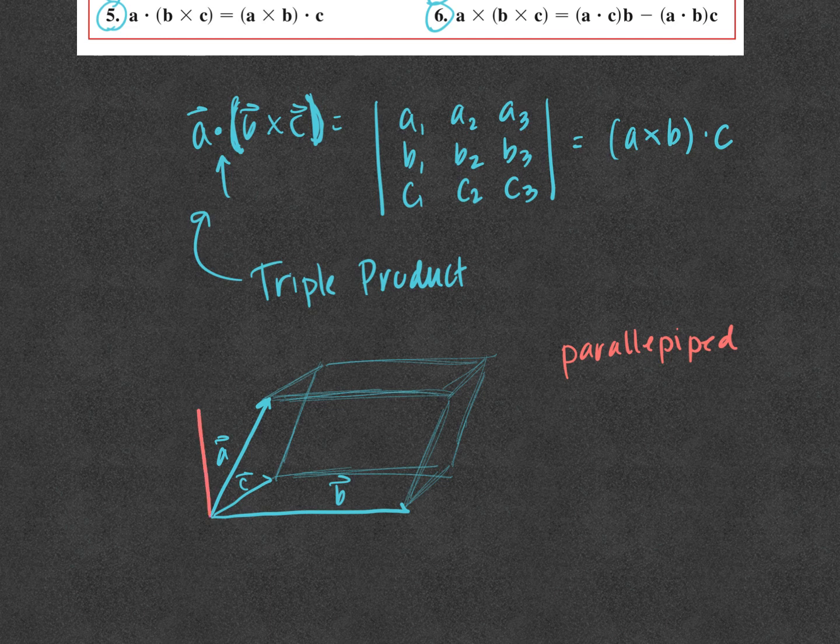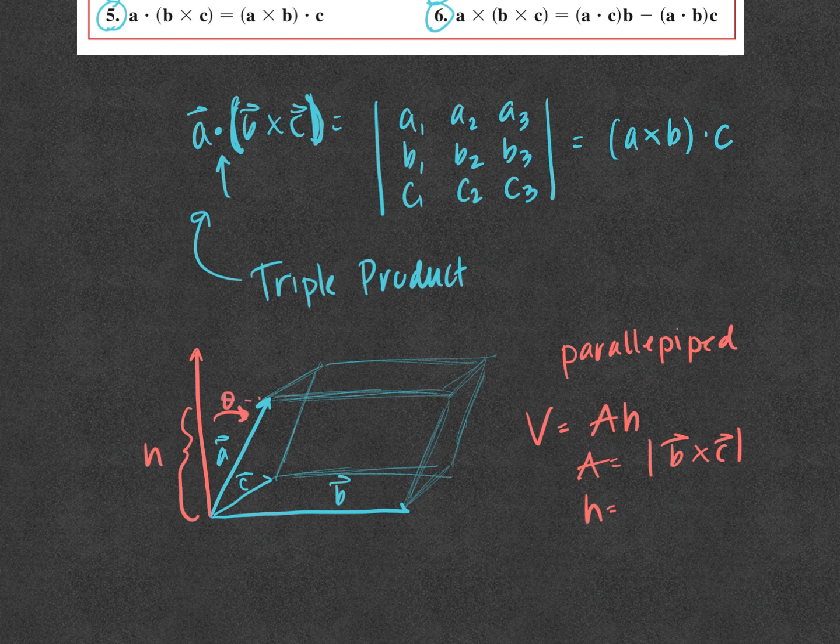So let's draw our height perpendicular here. Height is perpendicular to the base, so this will be our height. And for volume, we say the area of the base times the height. Now we know the area of the base is the length of the cross product of B cross C. And now let's talk about the height. So we have an angle between here and here, theta.